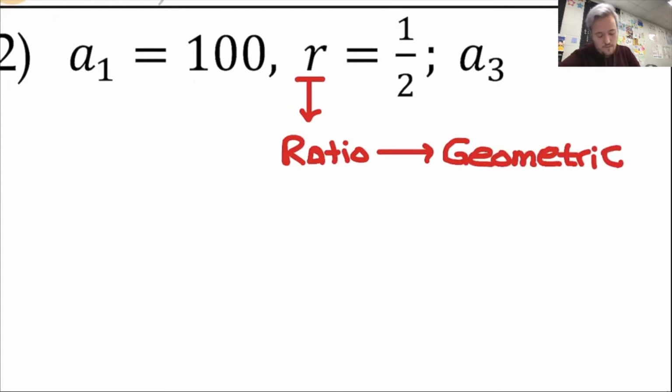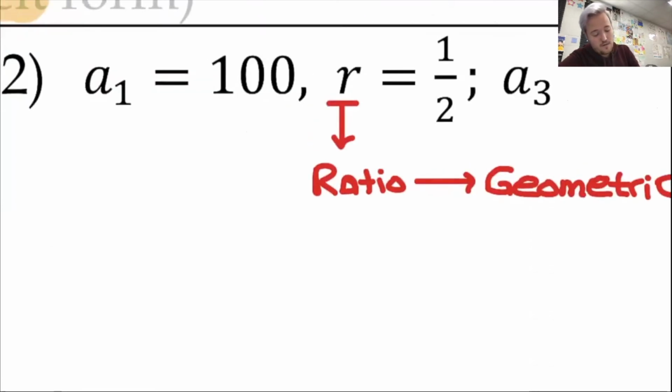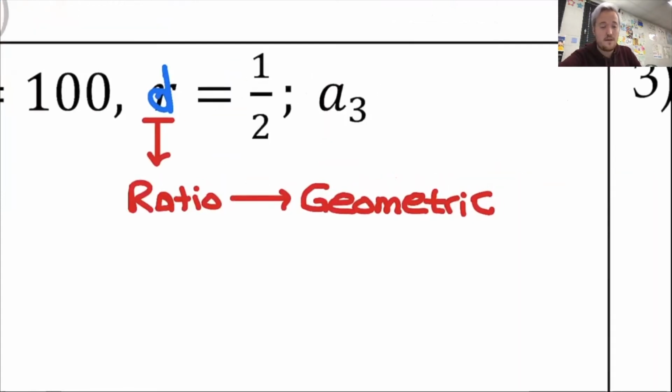So you have to be careful in determining if it's going to be arithmetic or geometric. You have to look to see at the change. Is it a common difference or is it a common ratio? Now, instead of R, if I wrote, say, a D value here, for example, then that would be a common difference, which would be arithmetic.